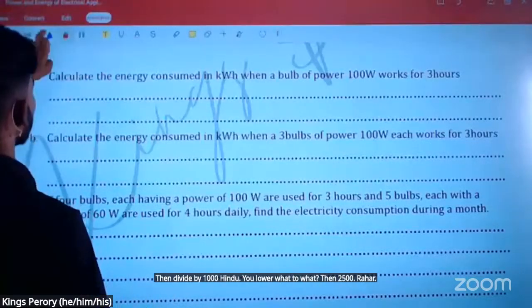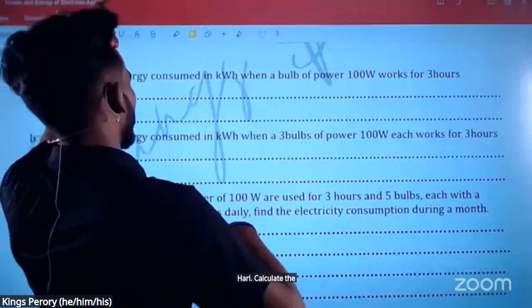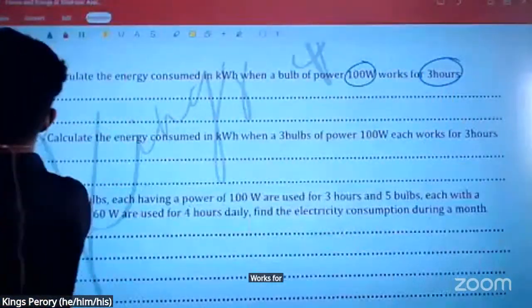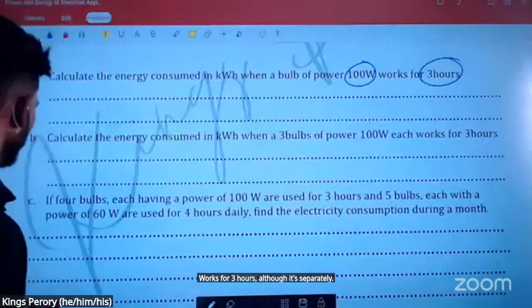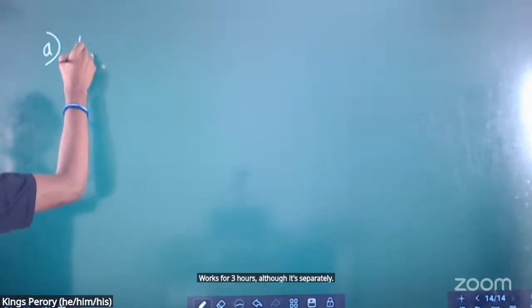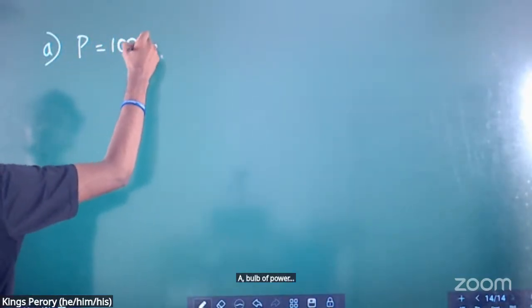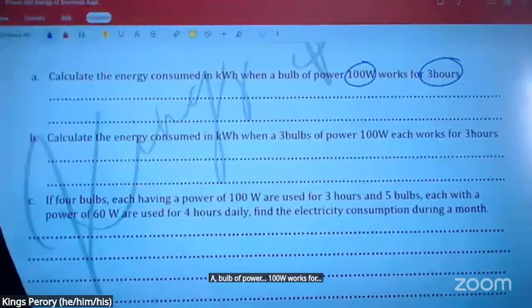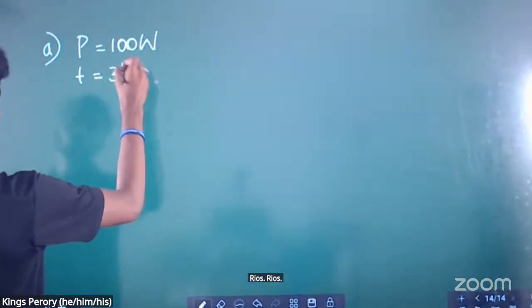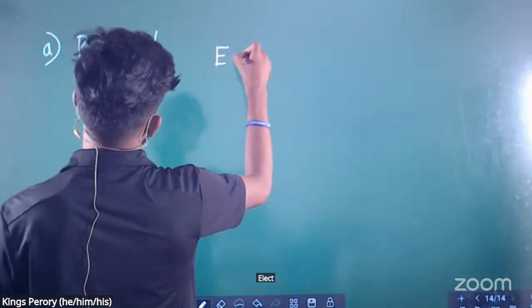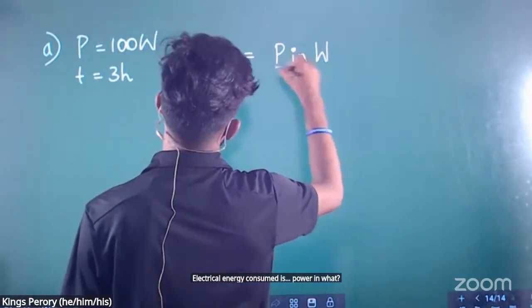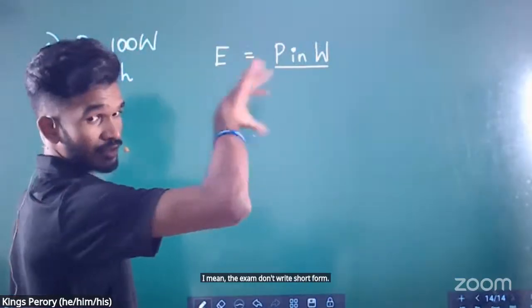Calculate the energy consumed in kilowatt hour when a bulb of power 100 watt works for 3 hours. Electrical energy consumed is power in watt divide by 1000 multiplied by number of hours. Now in the exam, don't write short form. You have to write it fully.